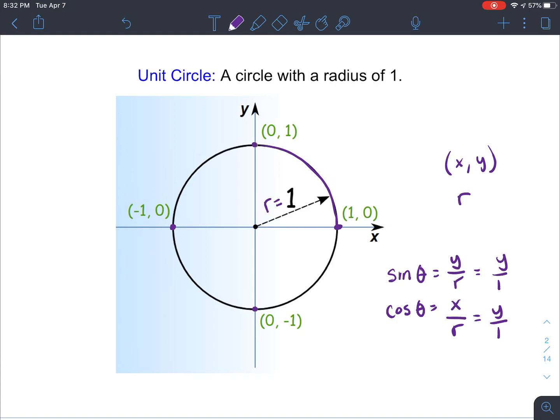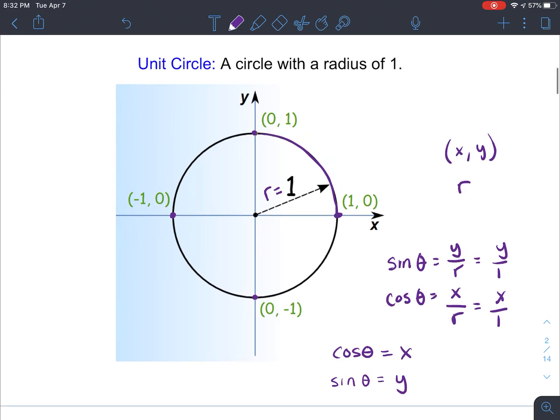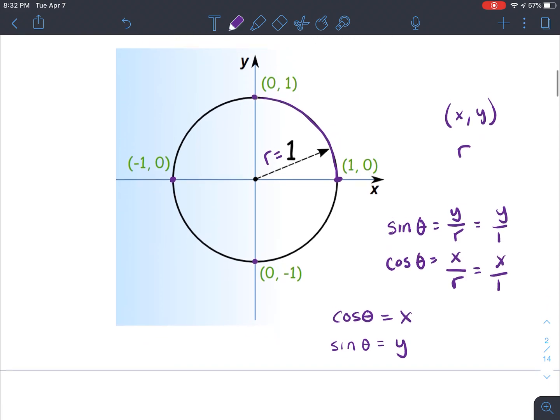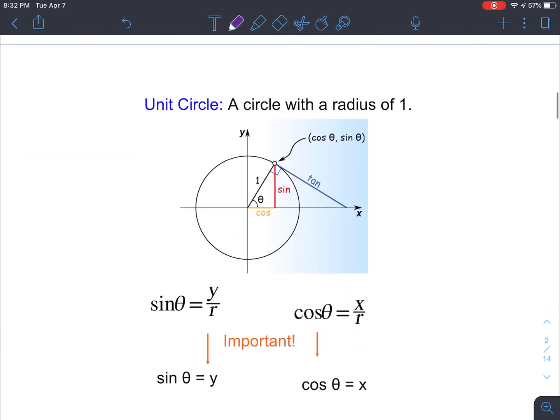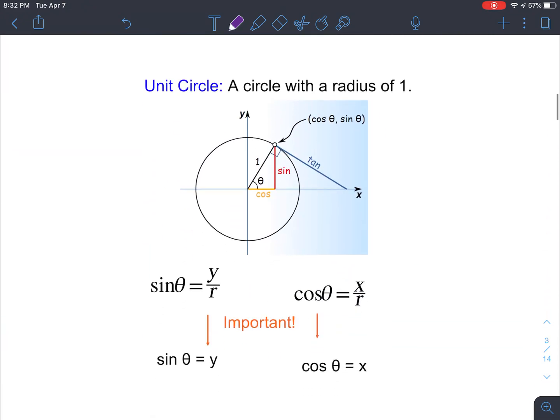So when I put these two values over 1, what we're really saying here is that when we are on the unit circle, my cosine of theta is going to be equal to x. And my sine of theta is going to be equal to y. Okay, so that's what's so special. We don't have to calculate the radius anymore. It just makes it so that the sine and cosine are equal to an x or a y value.